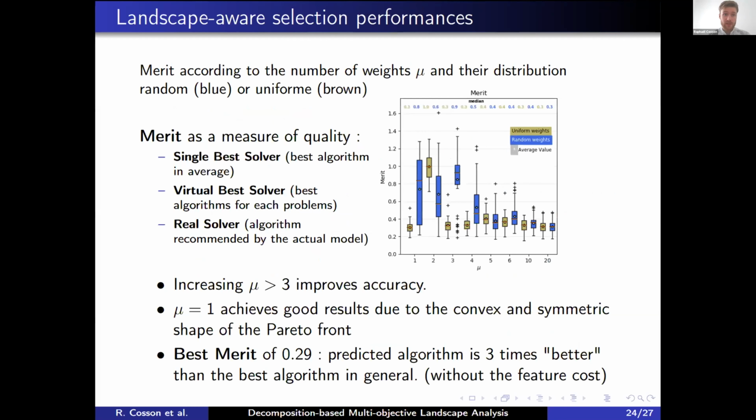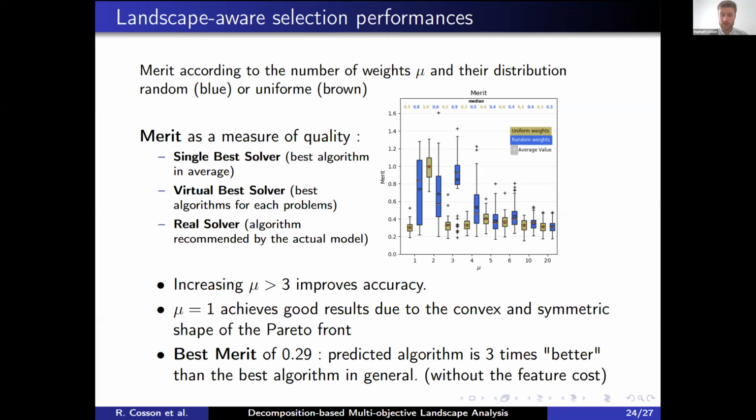We made several experiments on this model, and in particular, we explored two different points. First, we explored the accuracy of the features given the number of sub-problems that we use, so the number of single objective sub-problems.